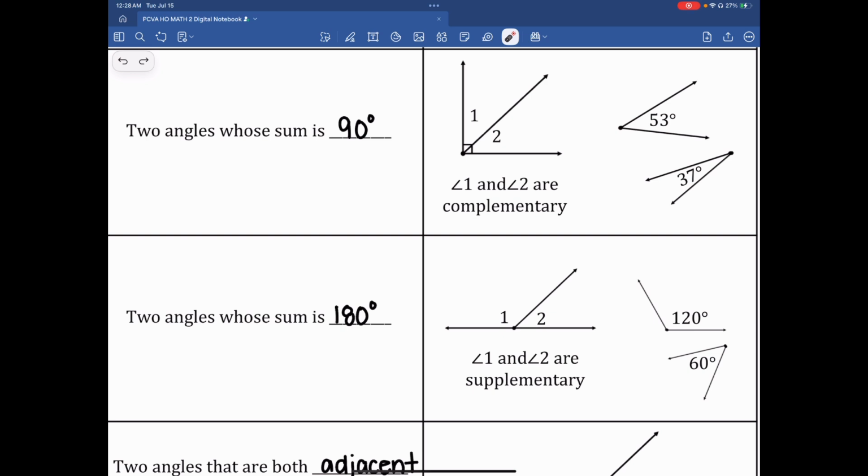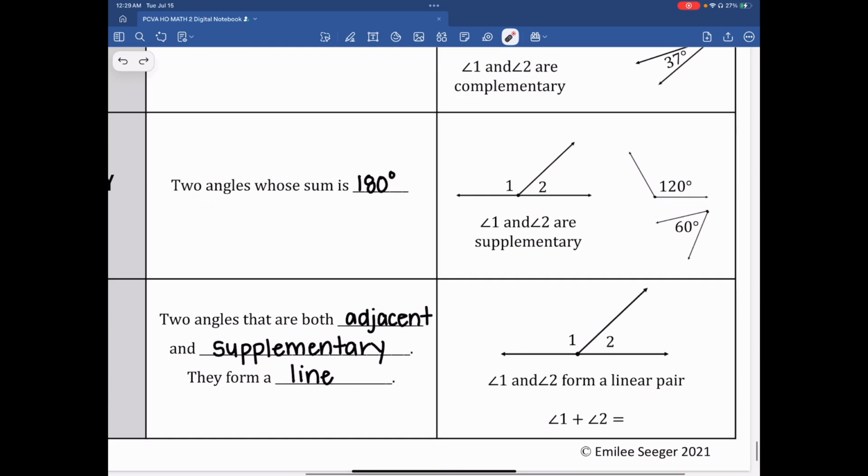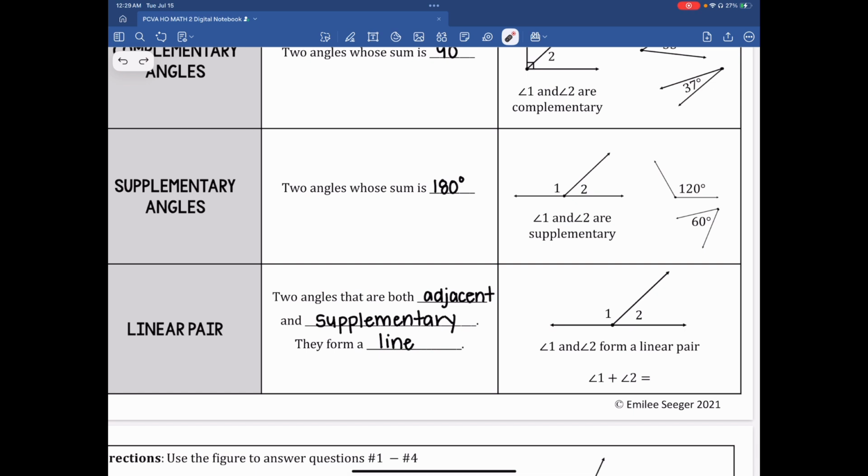So angles that add together to equal 180 degrees would be supplementary. Again, these two are adjacent to each other, and these two are separate, but either way, they would be 180. And I know this one is 180 because it forms a straight line, which would be exactly 180 degrees, half a circle.